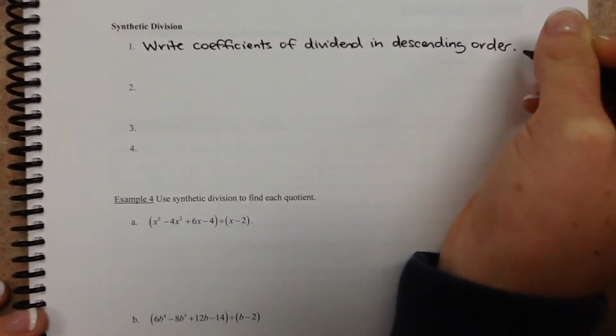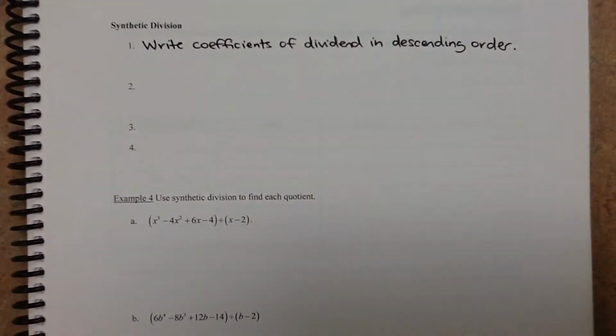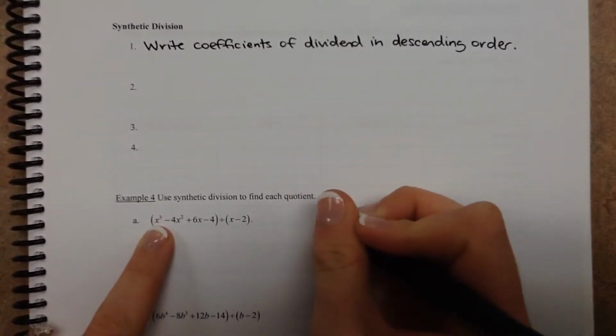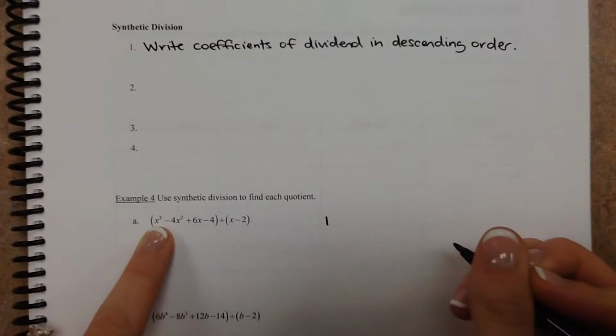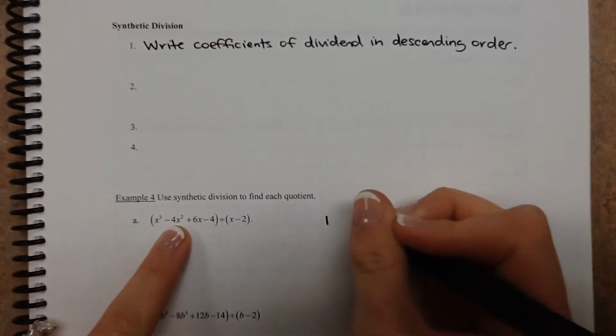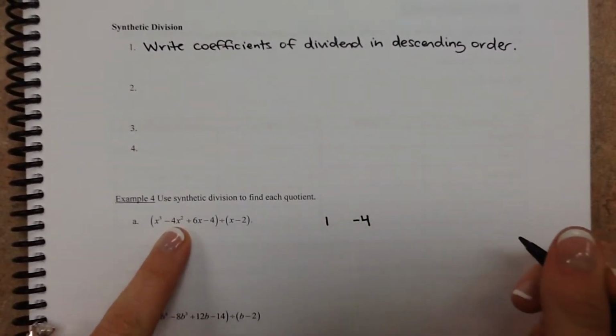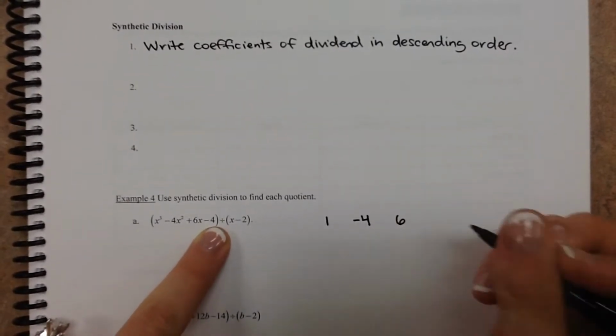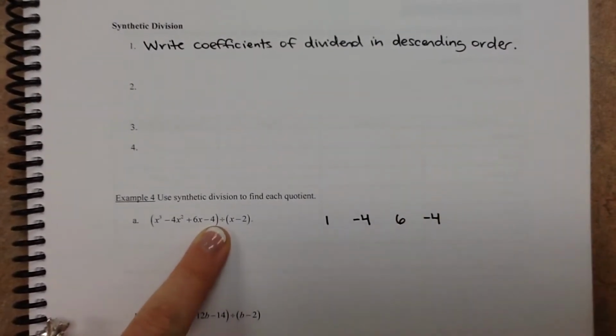And there is more than that to this first step, so make sure you do have a little space. So this is what this means. So our coefficients, we've got 1, then the coefficient on the x squared is negative 4. Coefficient on the x is 6. And then the constant is negative 4. So that's what that means.